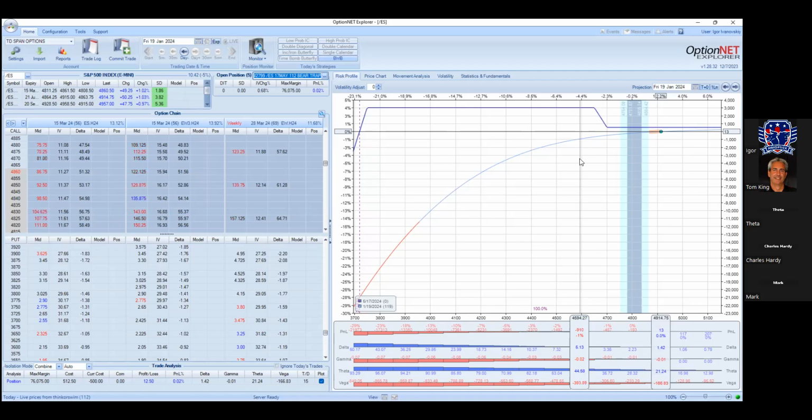For me, it's more like, all right, I'm going to look at all of my positions and see that I have a net positive delta. What's the market doing? Okay, market looks bullish. Do I want to put on another trade that has more positive delta? Sure, why not?